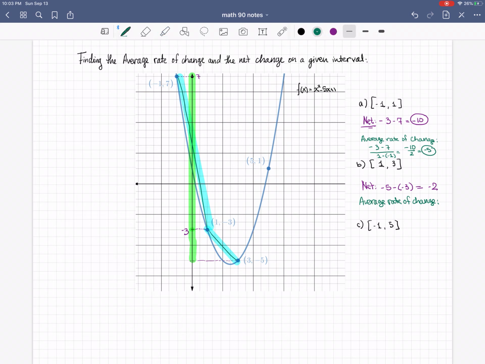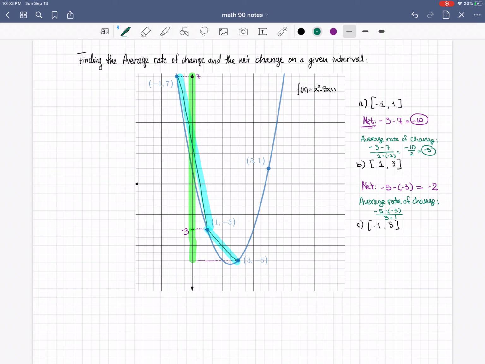So in terms of finding the average rate, we're going to look at negative 5 minus negative 3 divided by 3 minus 1. So once again, x is changing by 2 units. It's going from 1 to 3.